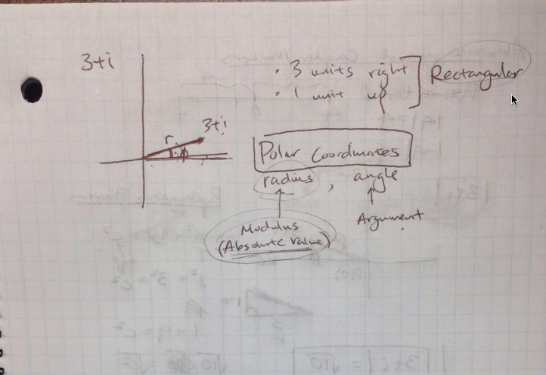And let me give you an analogy to understand why we're doing this. Say you're trying to give directions to a friend about how to get to a place. There's a couple of different ways of doing it. One way is you can give them directions and landmarks. For example, make a right at the stop sign, go past the gas station, make a left at the intersection.